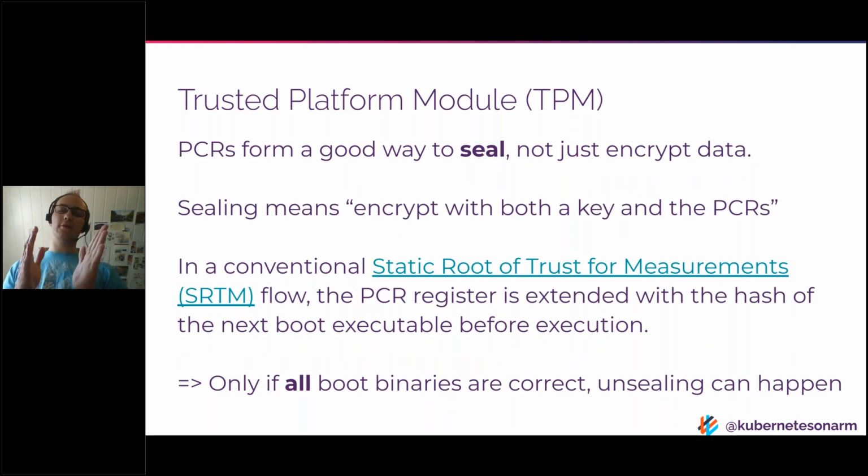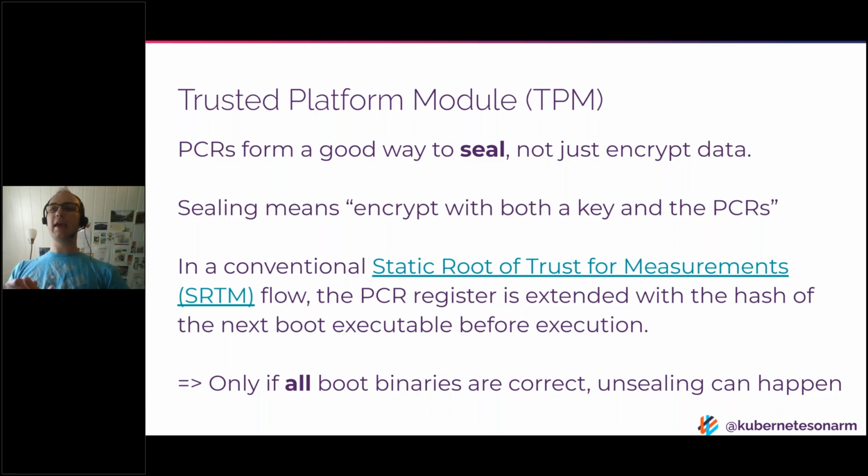The good thing is that as they can only be extended and not set, we can form a way to seal data. By sealing, you lock something: you encrypt something with your own private key in the TPM, which is never leaked and never goes to the computer. So you can encrypt using that key and the current state of these platform configuration registers.